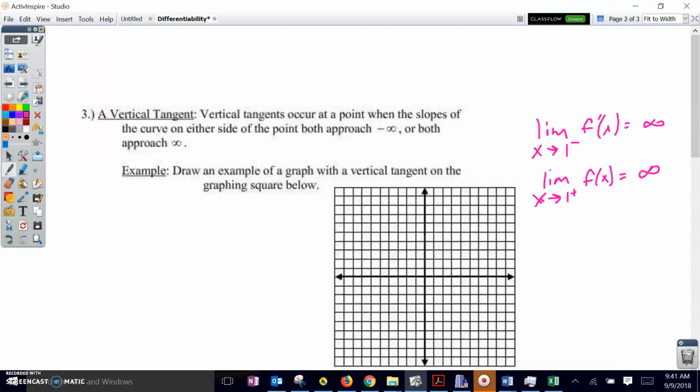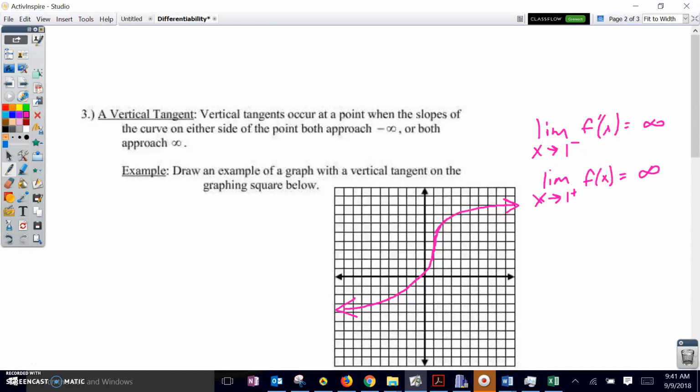Okay, if we put this point on here at 1, the derivative is getting closer and closer to infinity as we approach this point, and also from the right hand side it's getting closer and closer to infinity.